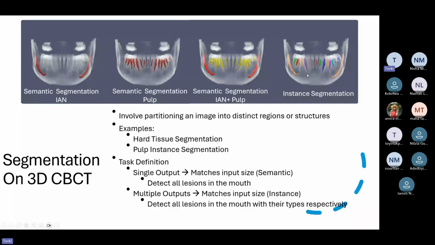And on the right side, we would like not only to find them, but actually to find the bulb for each tooth. Okay, so according to your definition of your problem, you want to work on semantic segmentation with one class, or semantic segmentation with multiple classes, or even you would like to work on instance segmentation. Okay, this is one example.